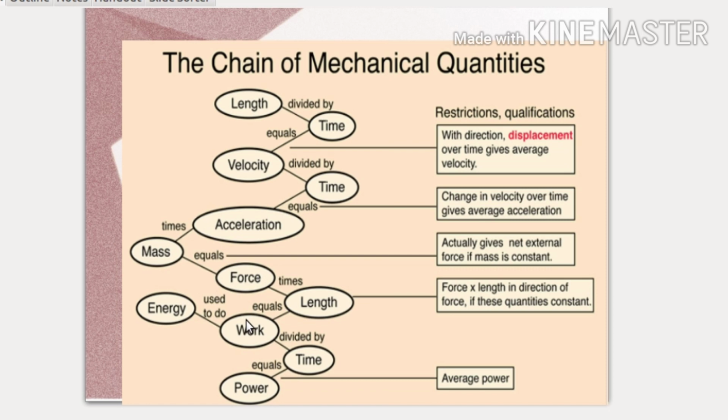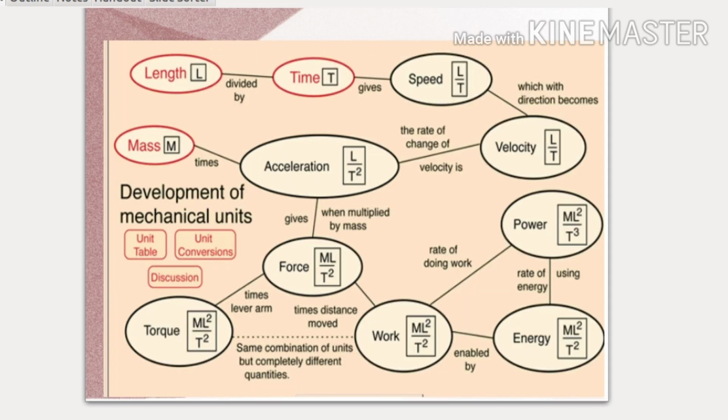Now if we want to formulate it in dimensional formula, let us understand the basic meaning so that we can easily do it. Here we go.